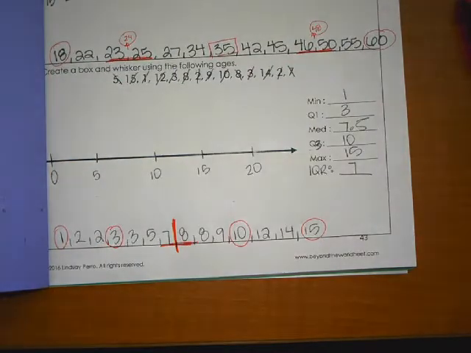Count by fives, count by tens. Then add your little tally marks in between where you need the tally marks. So plot your 5 points.